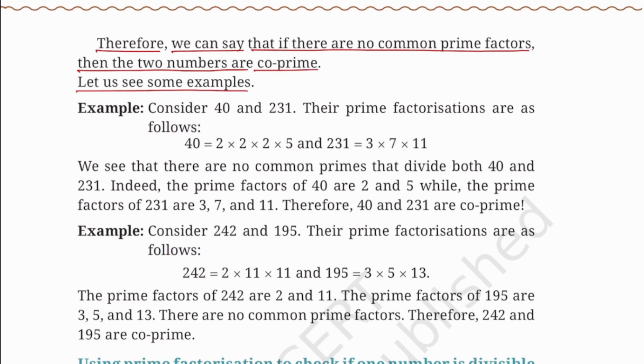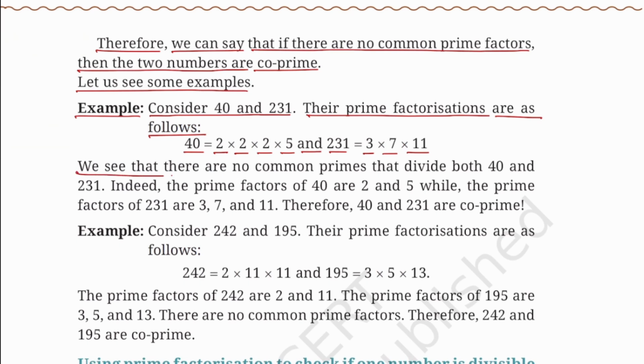Let us see some examples. Example: consider 40 and 231. Their prime factorizations are as follows. 40 is equal to 2 into 2 into 2 into 5 and 231 is equal to 3 into 7 into 11.